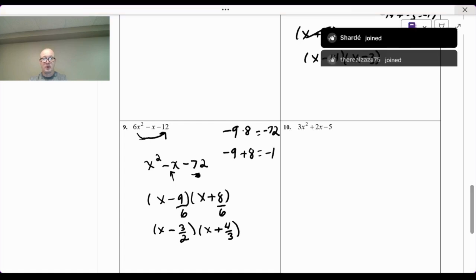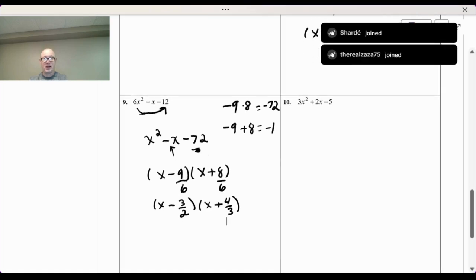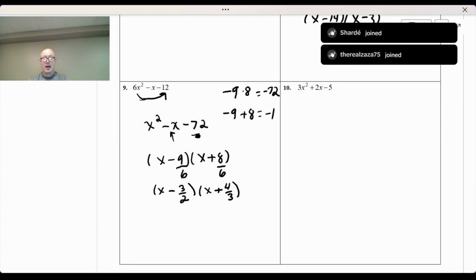Okay, so now what can we do with this? Well, now you can take the 2 and multiply it by the x. So we would get 2x minus 3, and then we're going to take the 3 and multiply it by the x. We get 3x plus 4.